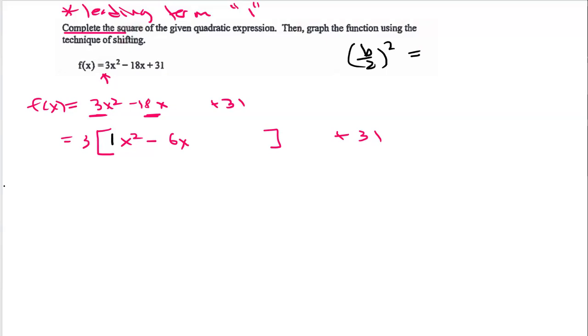We also have to be careful, because we want to use the one that we're currently working on, not the one above it. So in this case, my b is going to be -6 and not -18. So that'll be (-6 divided by 2) raised to the second power, which is (-3)², which is going to give us a positive 9.